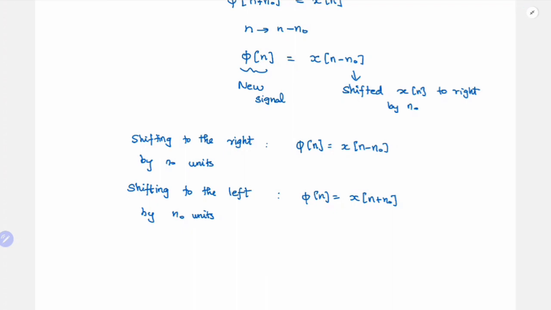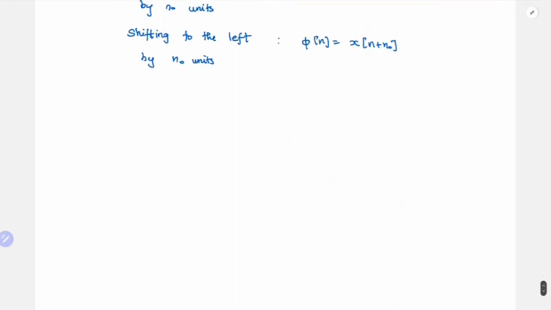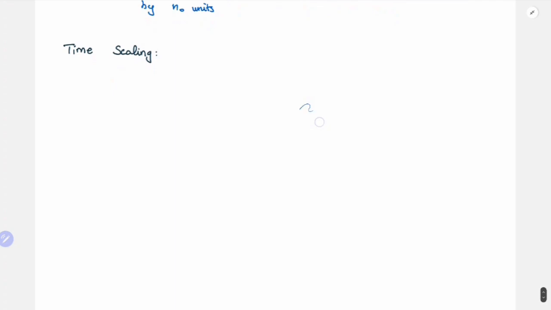Okay. So next we look at time scaling. In scaling, what happens? The signal will either expand or contract, right? So again, we'll take x of n. Let's say this is something like this.